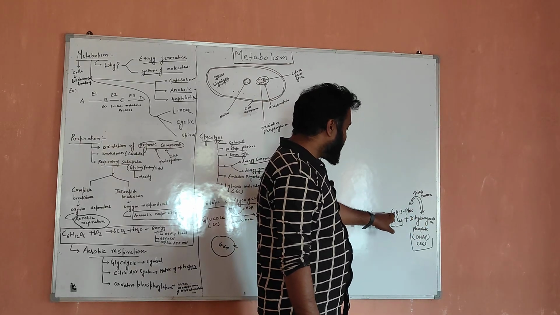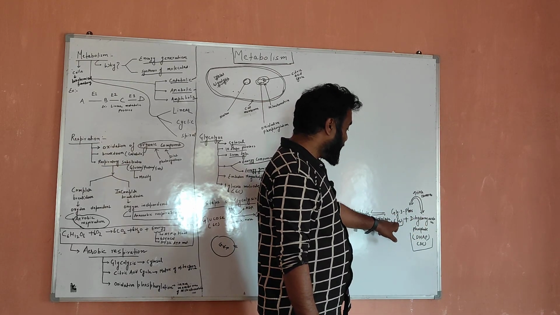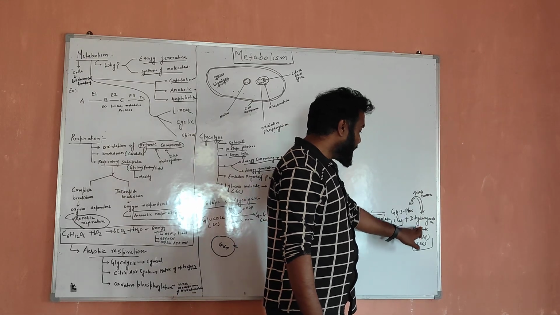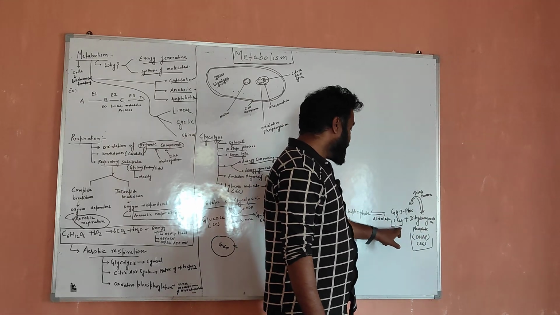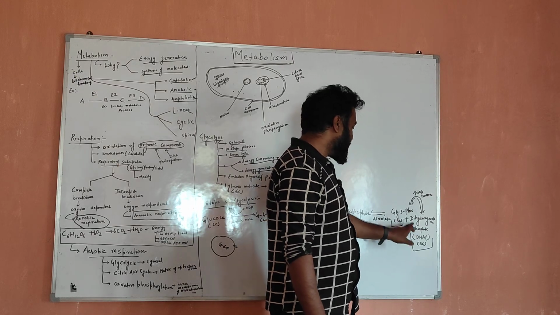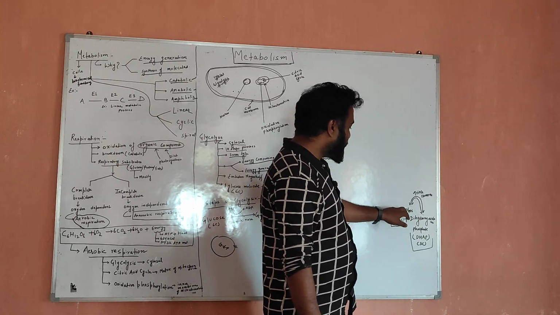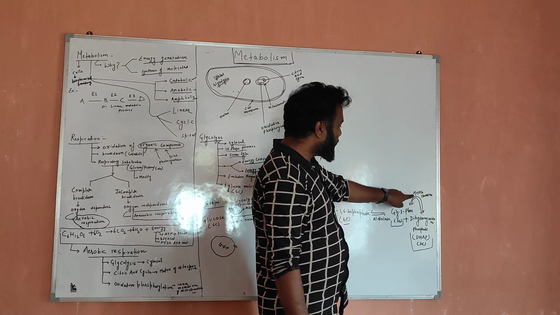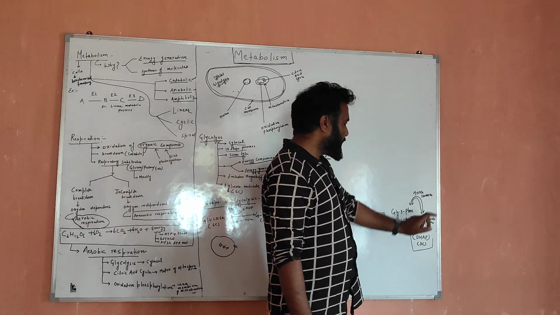Glyceraldehyde 3-phosphate contains 3 carbons and dihydroxyacetone phosphate contains 3 carbons, right? The total carbon remains 6. And they are also present in a reversible condition with the help of triose isomerase.